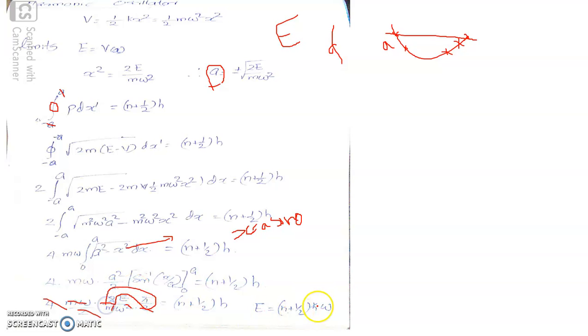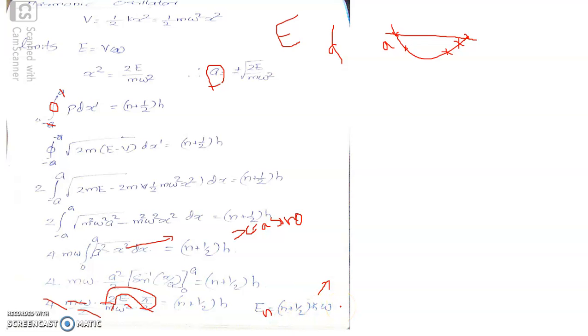h by 2 pi is written as h cross. Omega is taken to the right side to make the general expression for the energy of the nth quantum state of the linear harmonic oscillator as n plus half h cross omega. This also gives us the zero point energy, corresponding to n equal to 0, as half h cross omega.